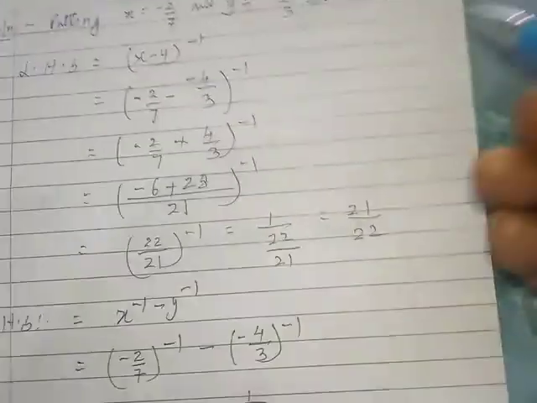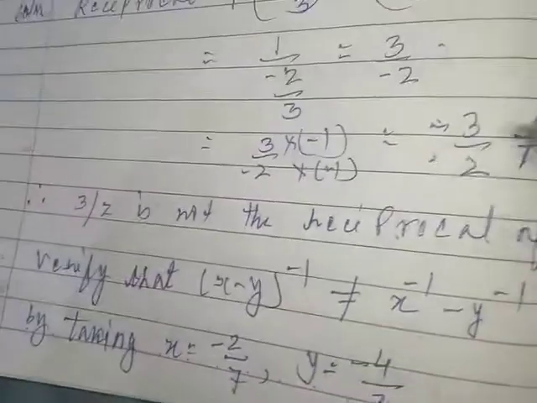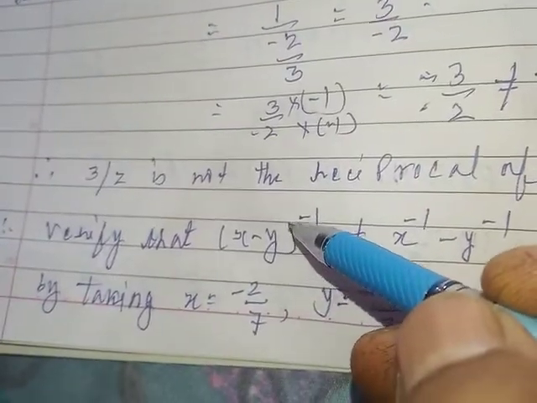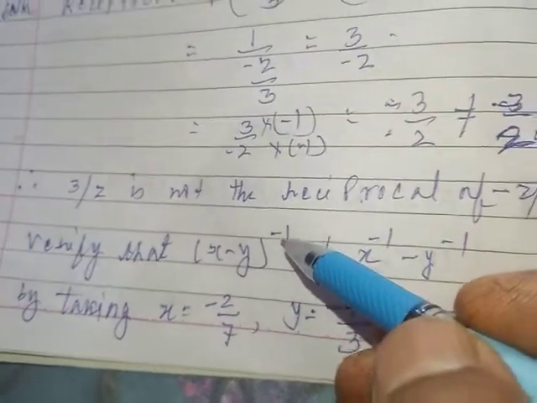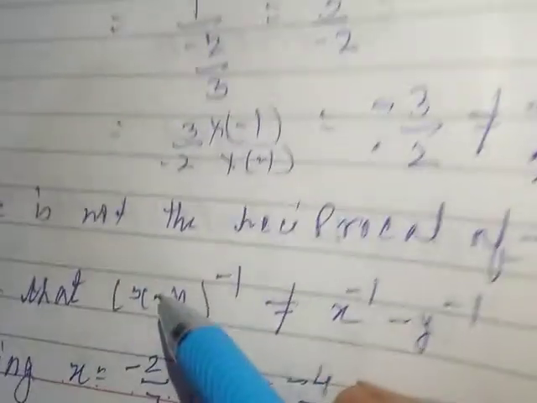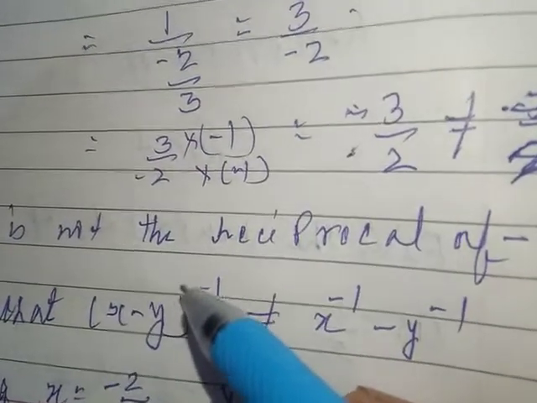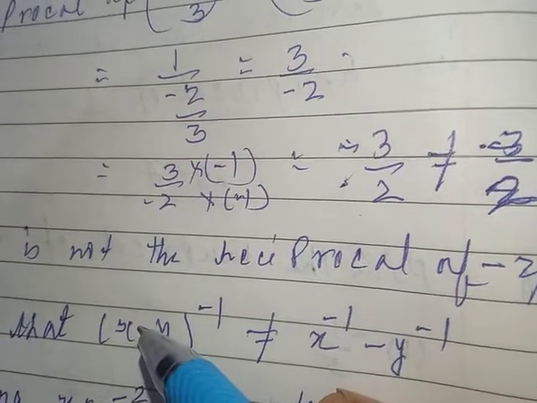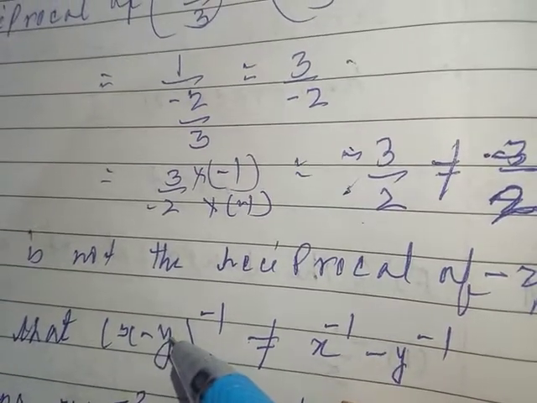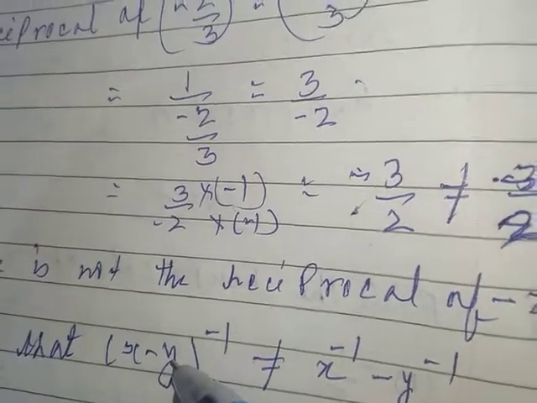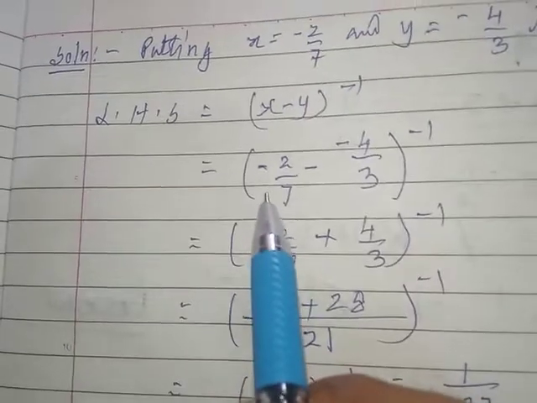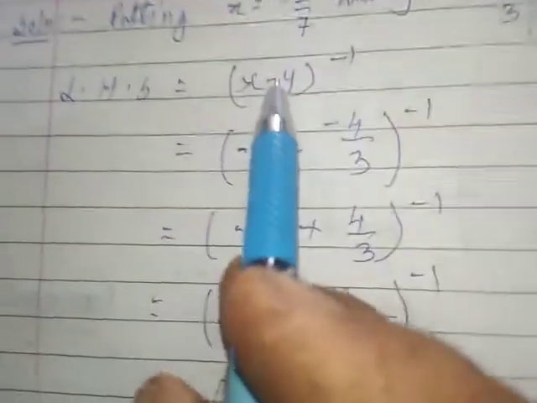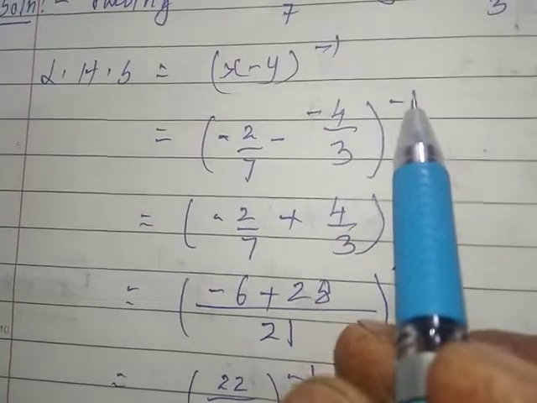Okay. So in this question, the LHS is (x minus y) whole to the power minus 1. This is LHS, right? Now what do we do? We put x is equal to minus 2 by 7 and y is equal to minus 4 by 3 in LHS. We have minus 2 by 7 minus minus 4 by 3, whole to the power minus 1.